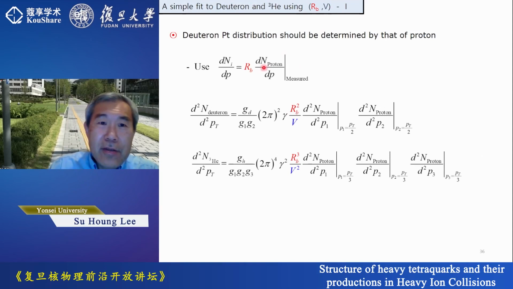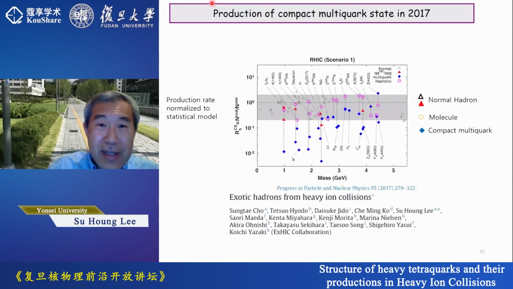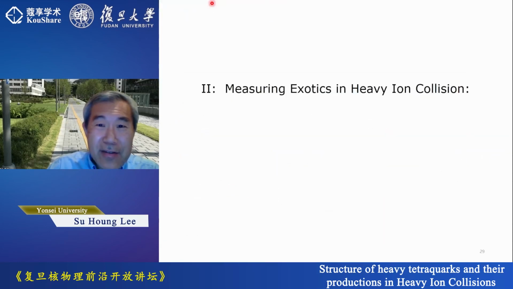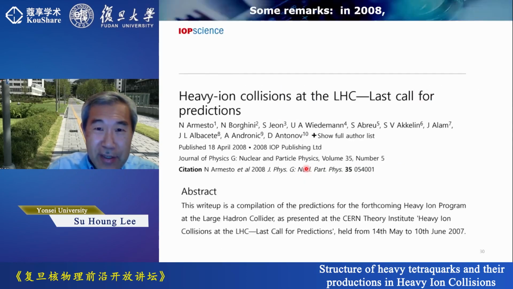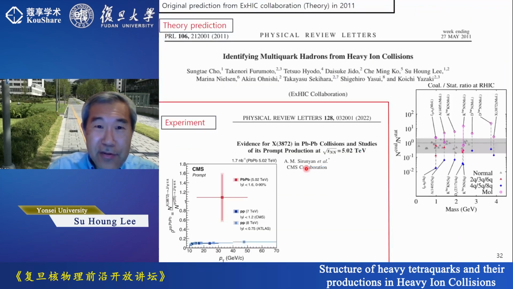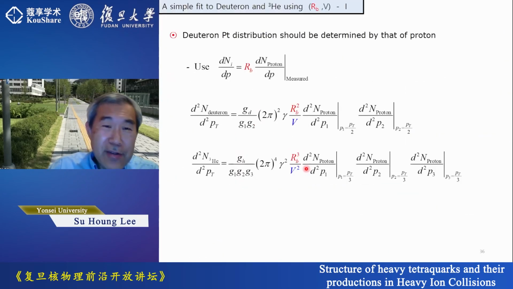Now, as I said, if this is indeed the molecular configuration, then its structure is very similar to the deuteron. Let's see whether this simple formula fits the deuteron very well. So what we use is a proton distribution as the transverse distribution of one of the constituents.